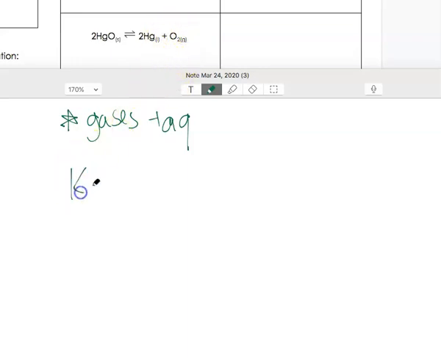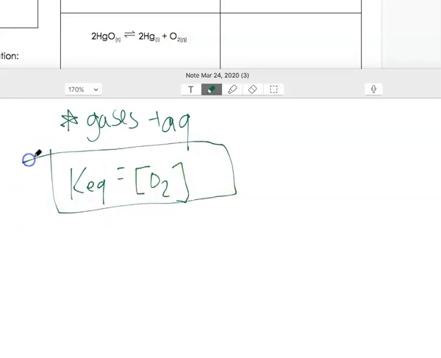So that means Keq is going to equal the concentration of O2. Okay, and that's all it is. And there's no power other than 1, right? So there's a power of 1.